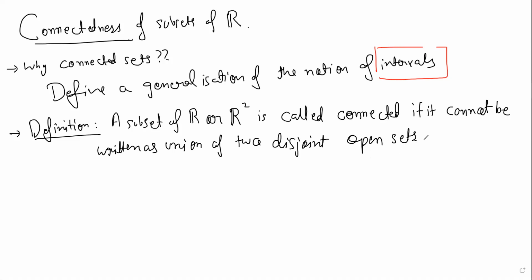We talked about this last time, how this captures the same thing about two pieces such that the limit points of one piece are not in the other. Okay, so I think that is okay.